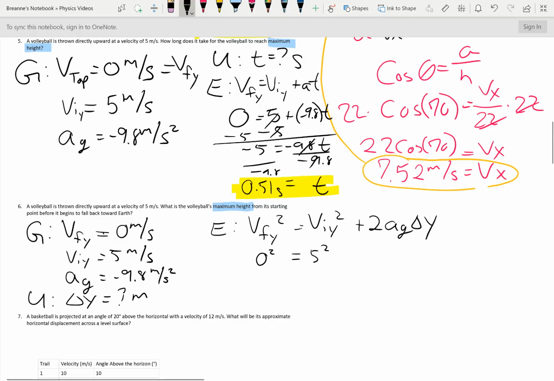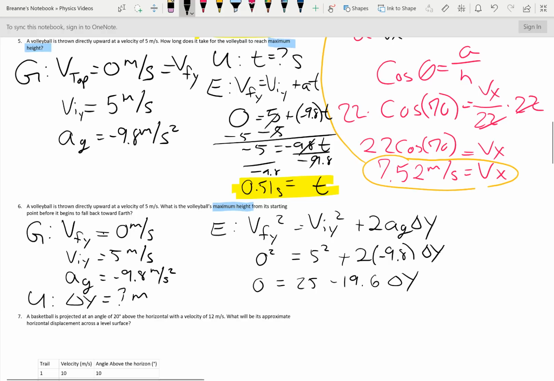Initial is 5, plus 2 times negative 9.8 delta y. So we can go ahead and square it. 0 squared is just 0. 5 squared is just 25. And 2 times negative 9.8 is just a negative 19.6.